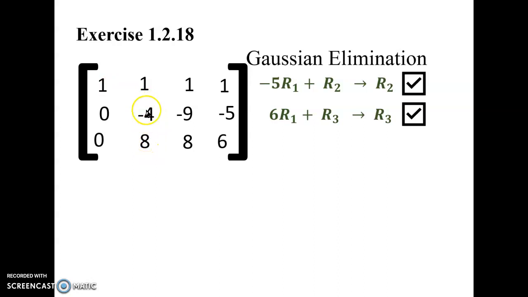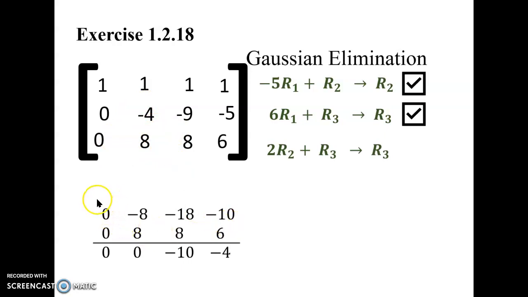Now I can make this a 1 and make these fractions. Or I can just say, if I multiply this one by 2 and add them together, rows 2 and 3, I'll get rid of this 8 right here. When I wrote this out, I almost forgot the leading zeros, but they are there.